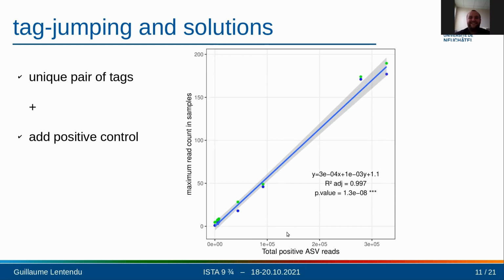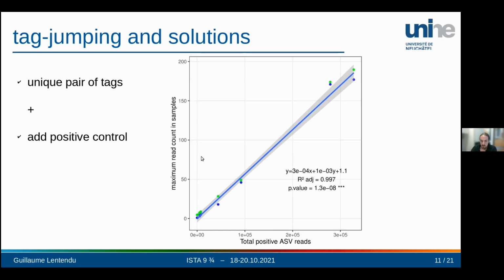And here the strong correlation I've observed is between the total number of reads of each of these positive ASVs or OTUs and the maximum read count in the soil samples, in that case, which are due to tag jump. So the more an ASV is abundant, the more chance it has to produce tag jumps. If you have a positive control, then you can create this linear model and set up a threshold which relates to the total number of reads of one ASV.